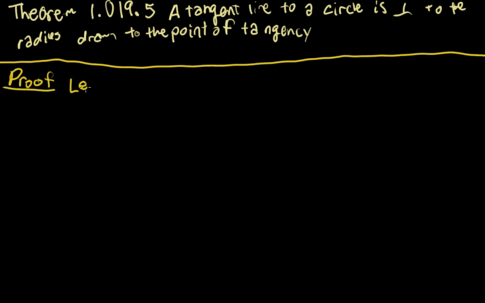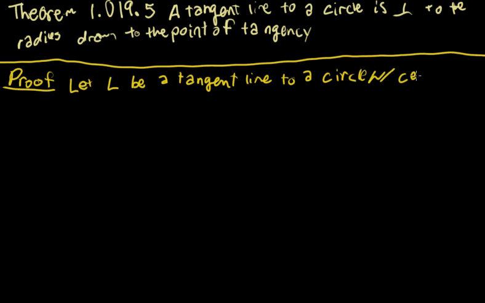We'll say let L be a tangent line to a circle, we'll say it has center P. So with center P. Let's draw that.